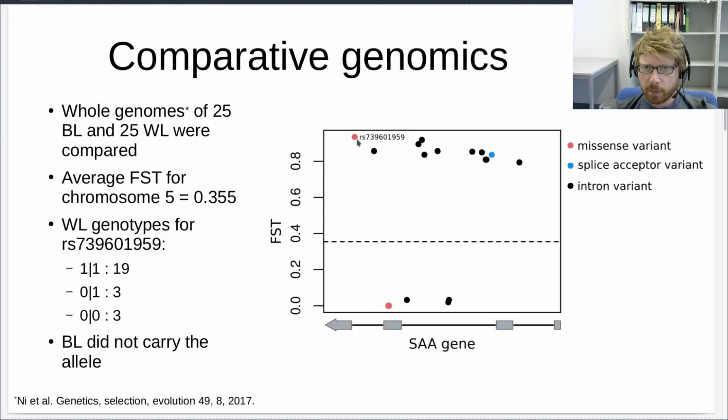Among those was one missense variant, which had the highest FST value of all variants. And this mutation was present only in white egg-laying chickens, with 19 chickens being homozygous, 3 chickens heterozygous, and 3 chickens did not carry the allele.